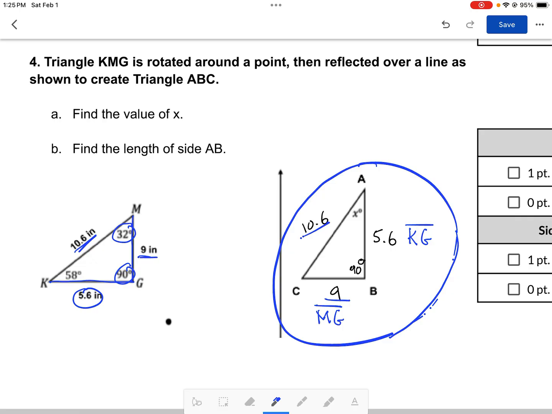So I know that this has to be my 32-degree angle, and then my X has to be my 58-degree angle. So the value of X here is 58 degrees, because this is in between my 5.6 side and my 10.6 side, and because 5.6 is KG and KG is the same as AB, my length of AB is 5.6 inches.